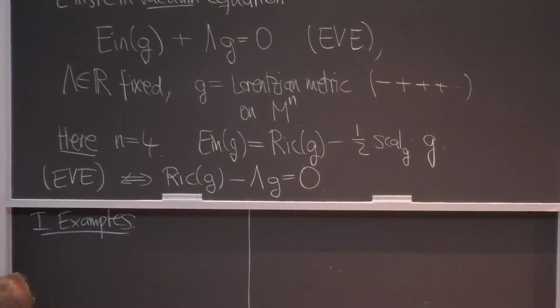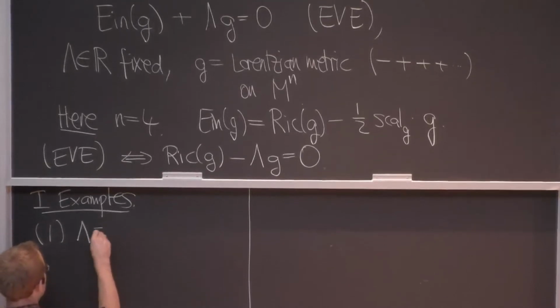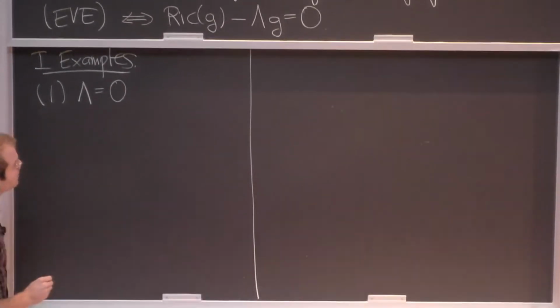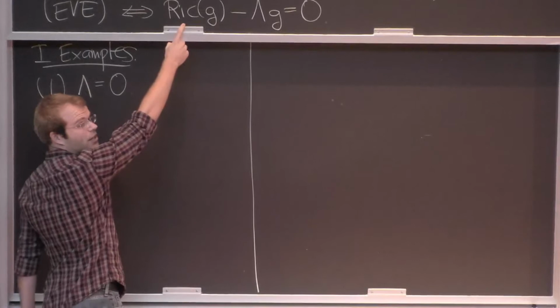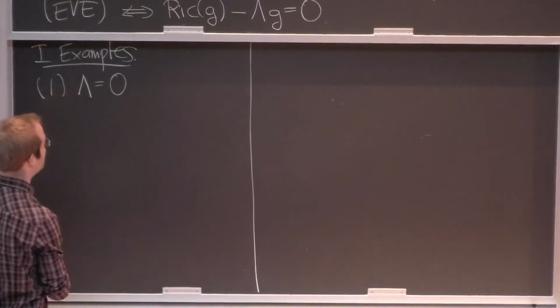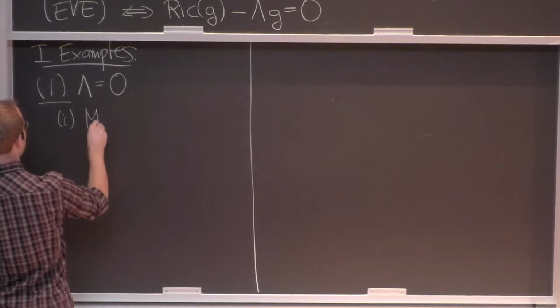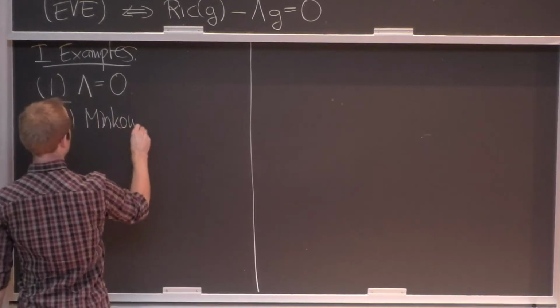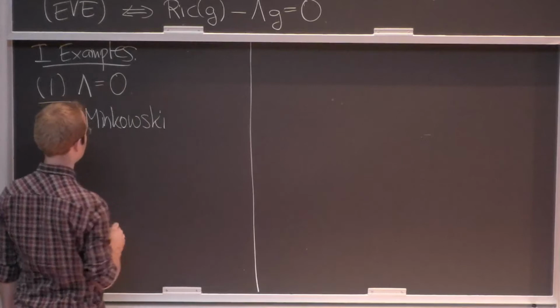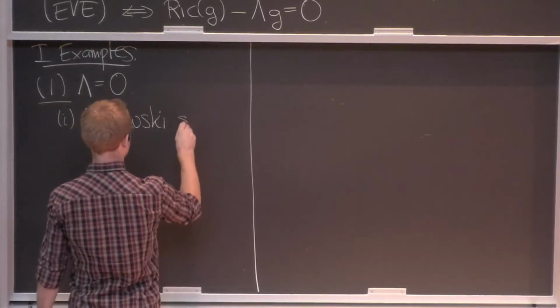And the first one I already mentioned yesterday. So actually, let me split it up even further. The first class of examples will be for the case that lambda is equal to 0. So you would be looking at spacetimes whose Ricci curvature is equal to 0 everywhere. OK, so the first example would be Minkowski space, which I already had mentioned yesterday without giving the name on the board.